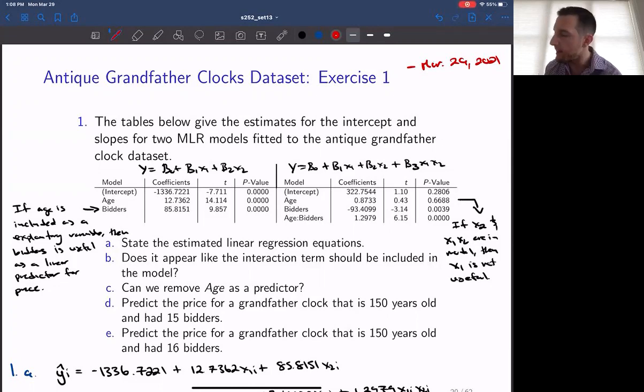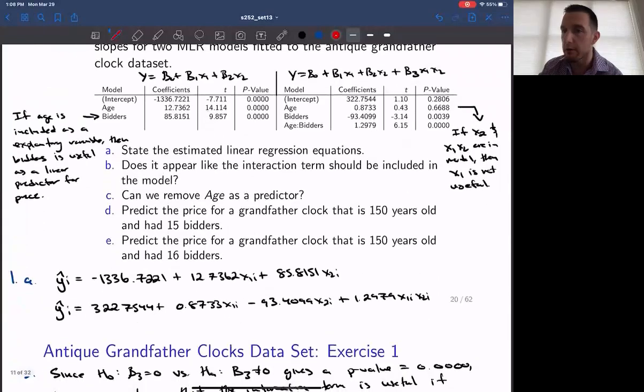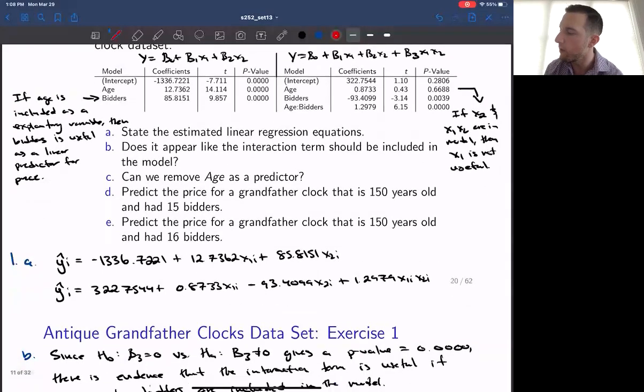Okay, in part A, we stated each of the multiple linear regression models, right? So here we have yi hat is equal to negative 1,336.7221 plus 12.7362 x1i plus 85.8151 x2i. So this is our multiple linear regression model without interaction.